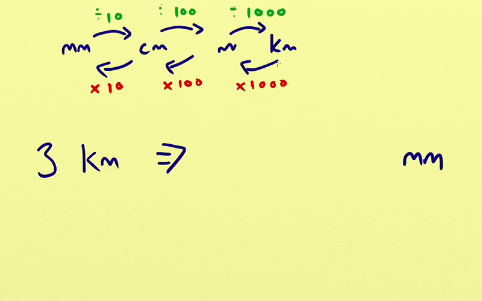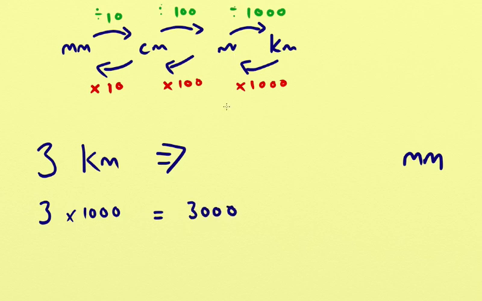We've got kilometres to start with, and we've got 3 different steps to actually carry out there to get back to the millimetres. So let's do 1 step at a time. If we convert this 3 kilometres into metres, we're going to times it by 1,000. Okay. So if we times 3 by 1,000, we get 3,000.